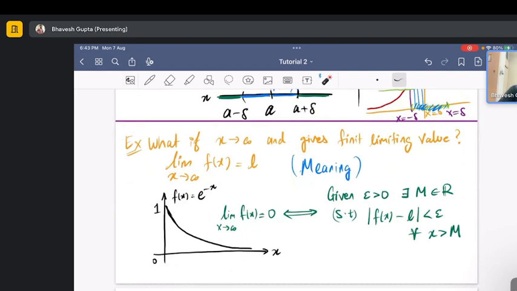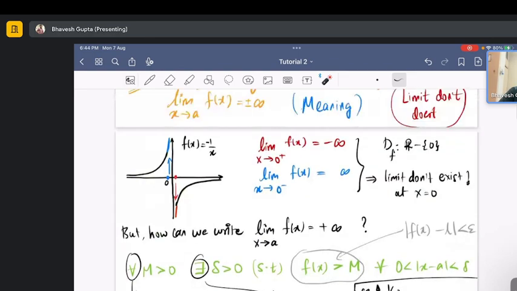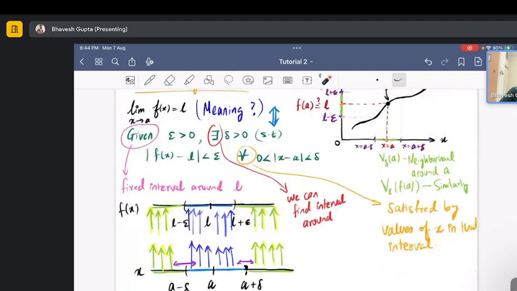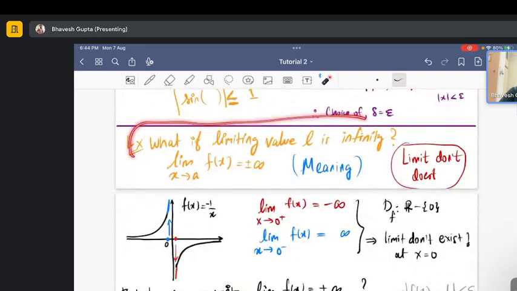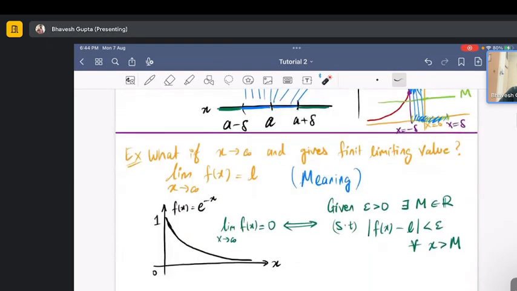I can give you one good example. What if x goes to infinity? We first saw what happens when the limiting value goes to infinity. But now we want to answer what happens if you want to study the behavior of a function when x goes to infinity. You want to understand the behavior of the function when I put a very large number inside the function.